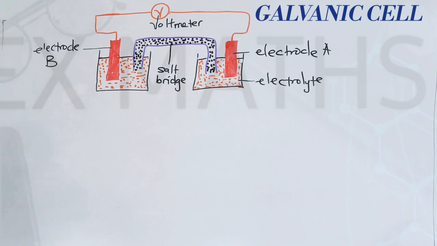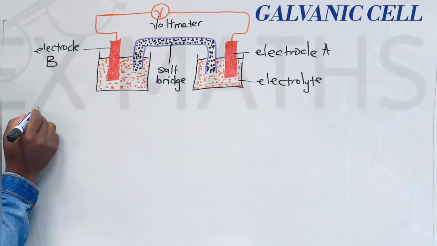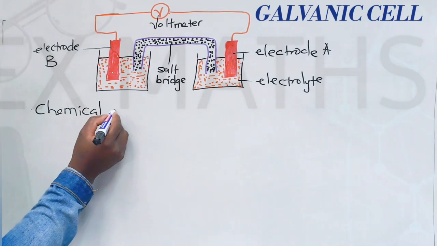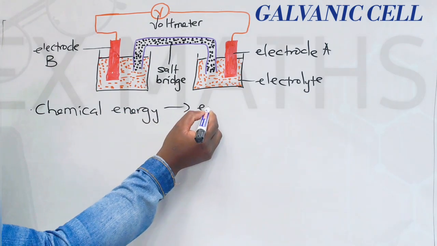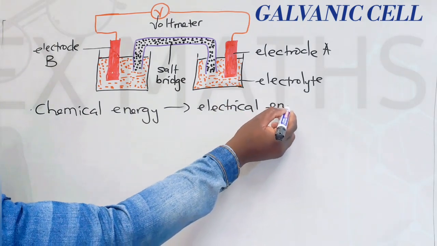So let's see the processes that take place inside the galvanic cell. There is conversion of energy, or energy conversion: chemical energy converted to electrical energy.